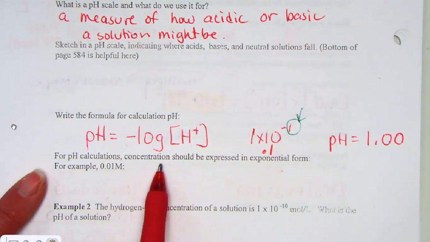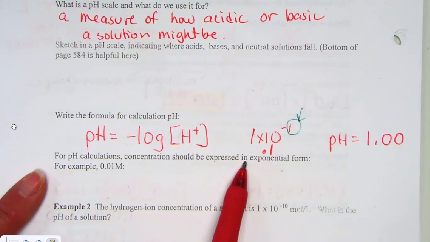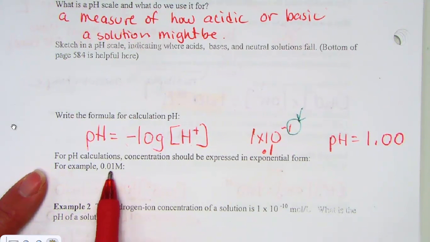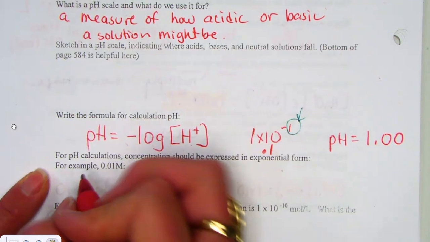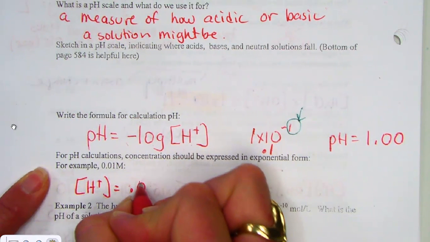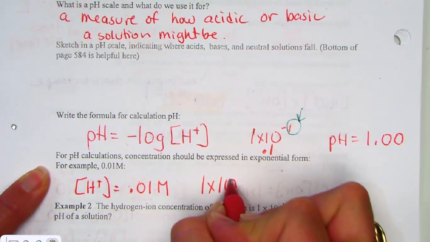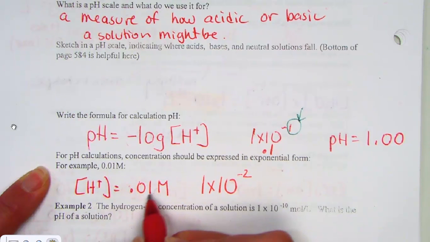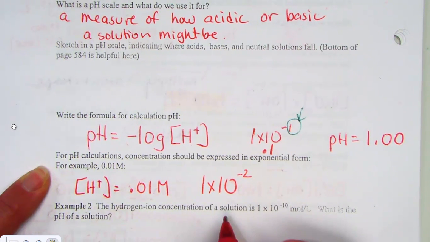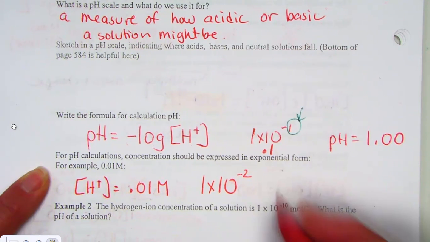For pH calculation, concentration should be expressed in exponential form. For example, 0.01 molar. If the concentration of hydrogen ion is given to us as 0.01 molar, you might recognize that to be 1 times 10 to the -2. It's the same number, just written in one written decimal form, the other written in scientific notation.